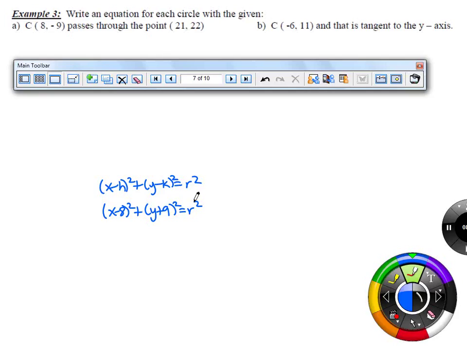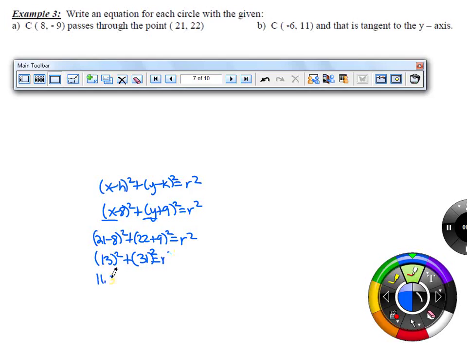Or because you know the point belongs on the circle, just like with our parabolas and with our lines, that point is an x-y pair that should be able to be plugged into this equation. So for a moment, I could plug in 21 for x while I plug in 22 for y and figure out what r squared is here. So 21 minus 8 is 13. 22 plus 9 is 31.